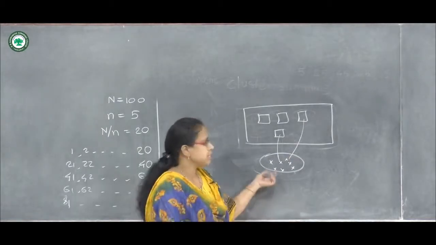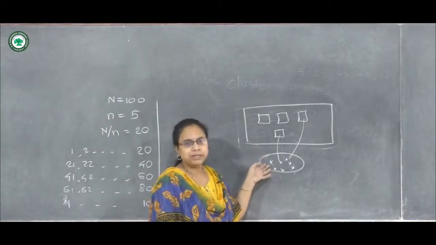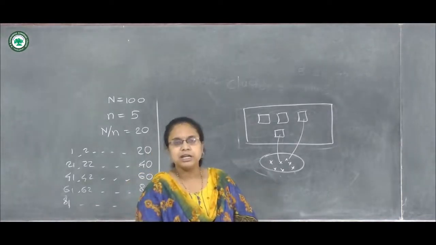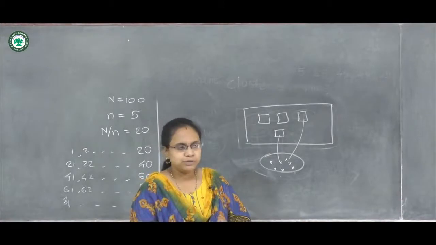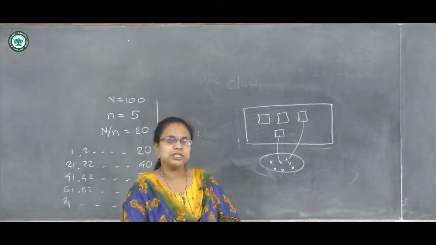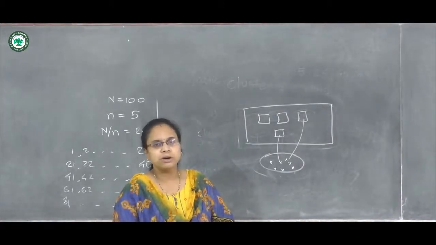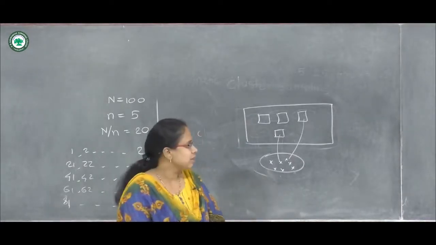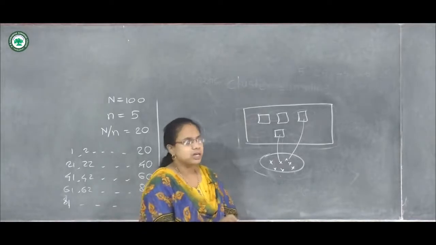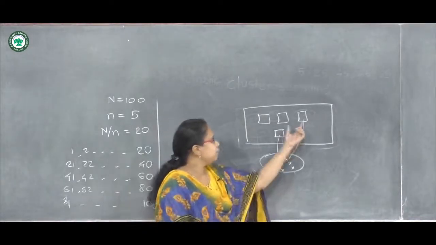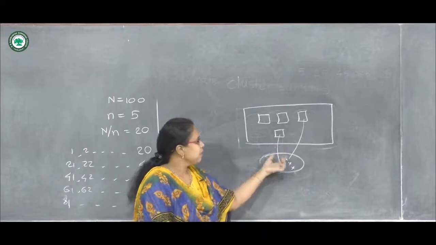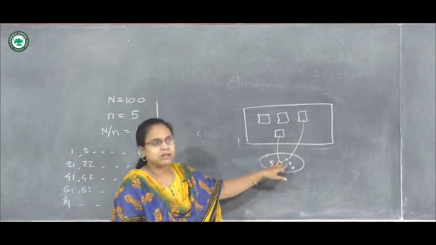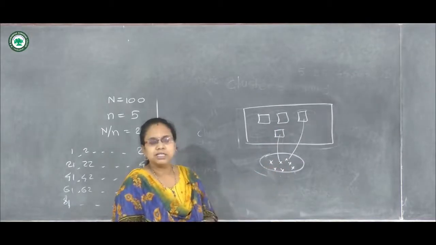That is, this sample is selected by the cluster sampling method. There are also many other examples, such as a packet of screws for inspection, where we want to find the proportion of defectives. Suppose I select 2 packets of screws, then all the screws in those 2 packets will be my sample. So this is the cluster sampling method.